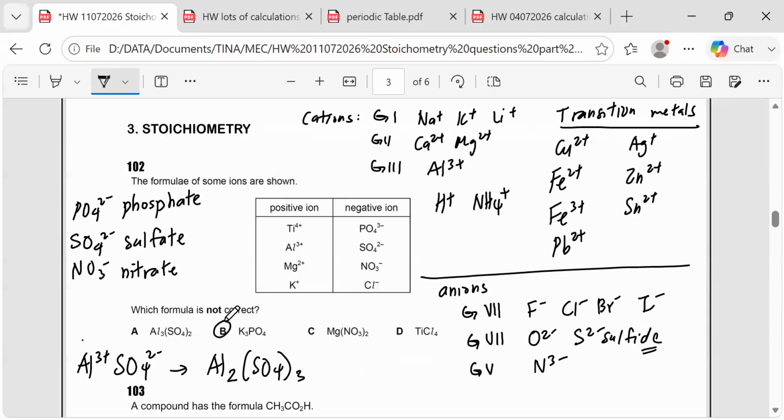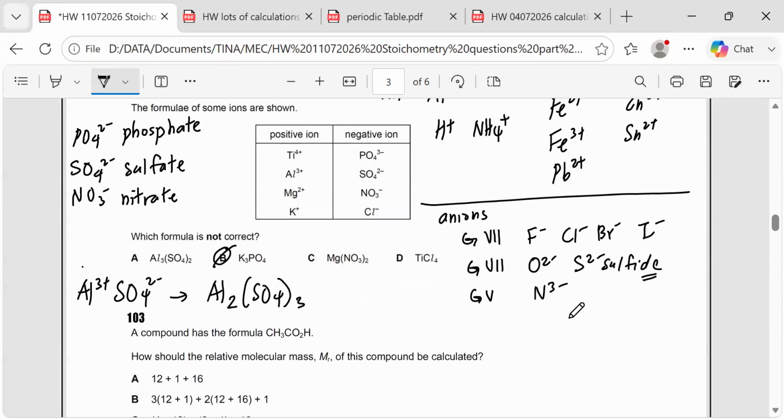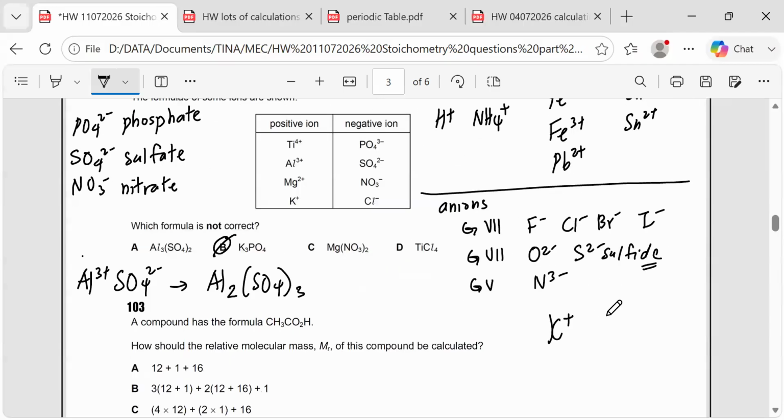Potassium phosphate. Is this correct? Yes, because potassium is group 1, phosphate PO4 3 negative. So you just move the 3 down, 1 no need to write. So it's K3PO4. Correct.